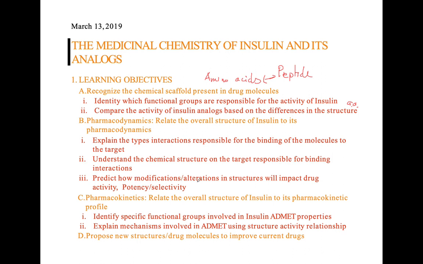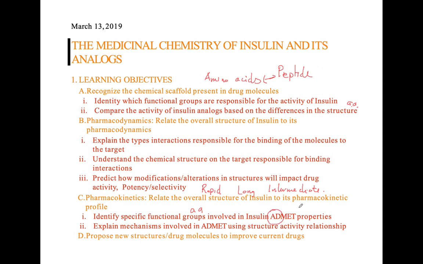Predict how modifications, alteration in structure will impact drug activity, potency, and selectivity. And specifically for insulin, we're talking about whether the drug is going to be rapid acting, long acting, or intermediate acting. Identify specific functional groups, specific amino acids that are involved in insulin ADMET properties.